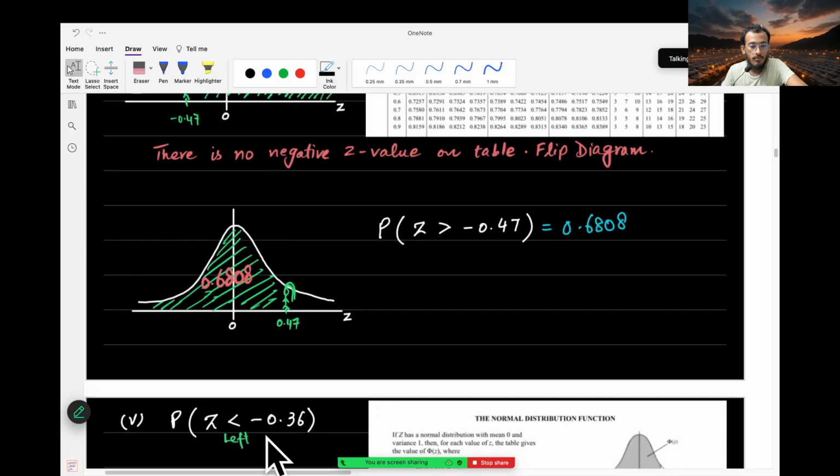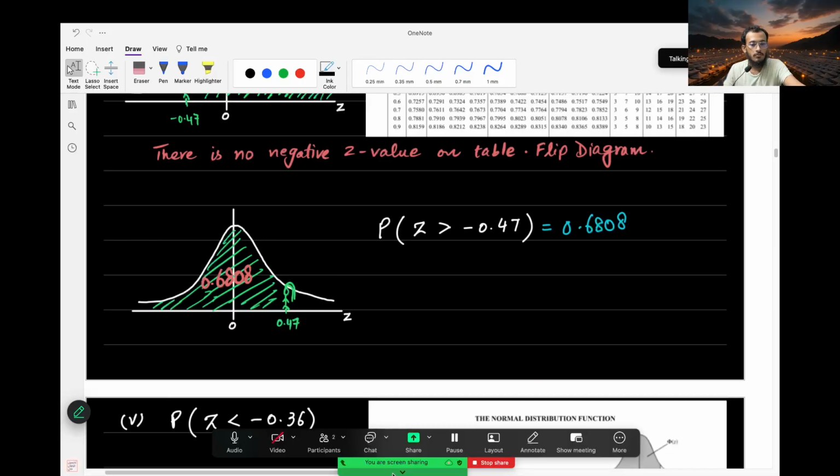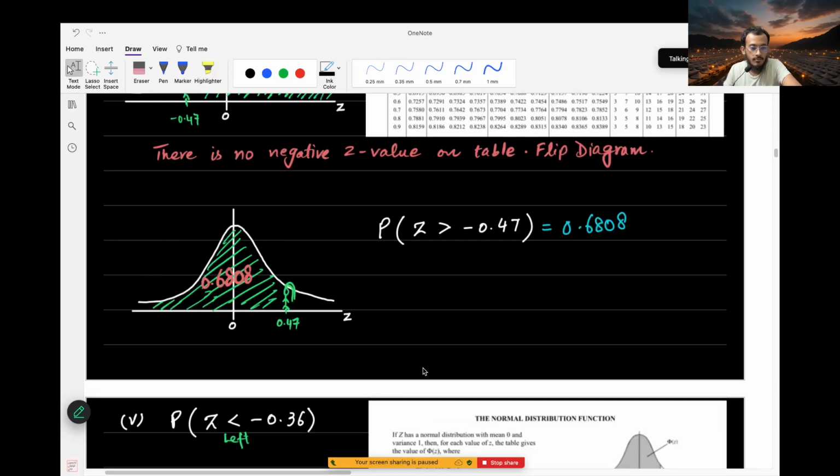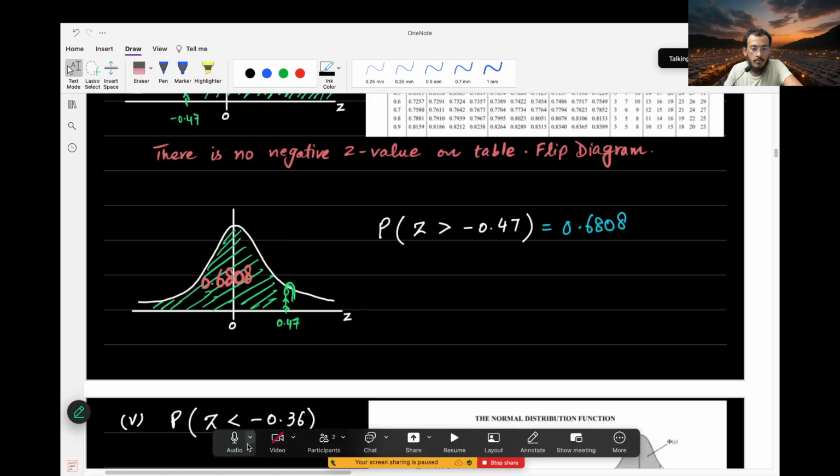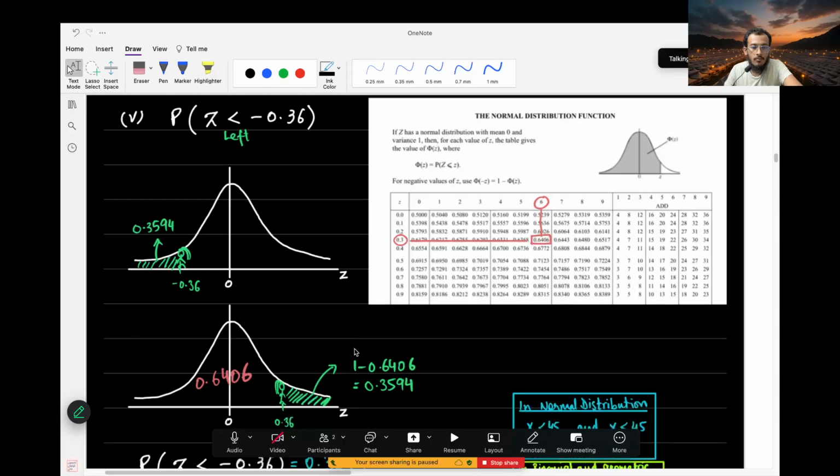This one. Are we good? Is the answer 0.3594?